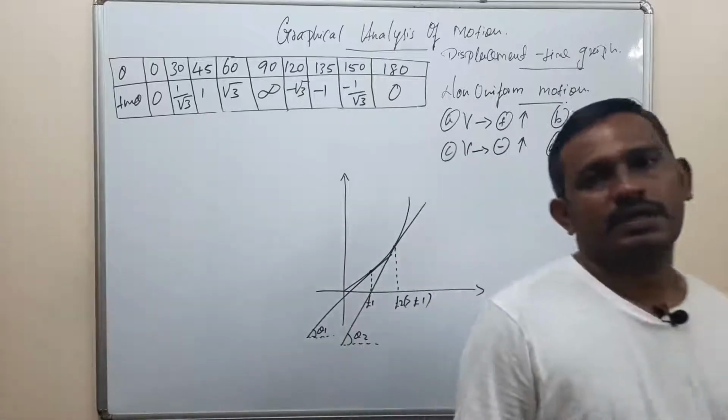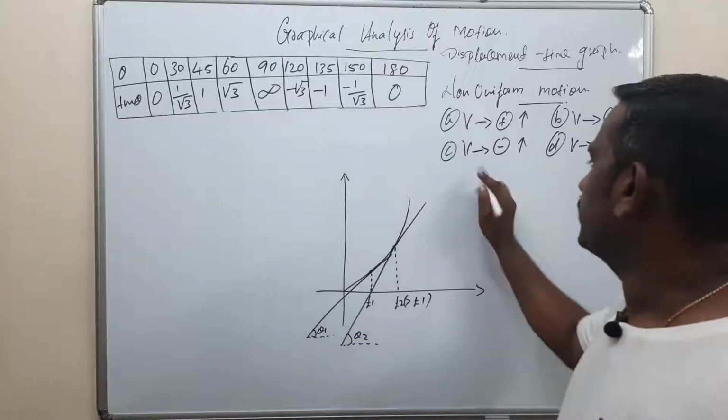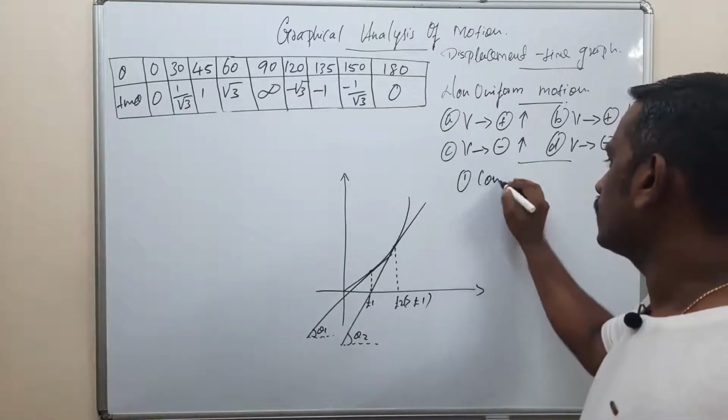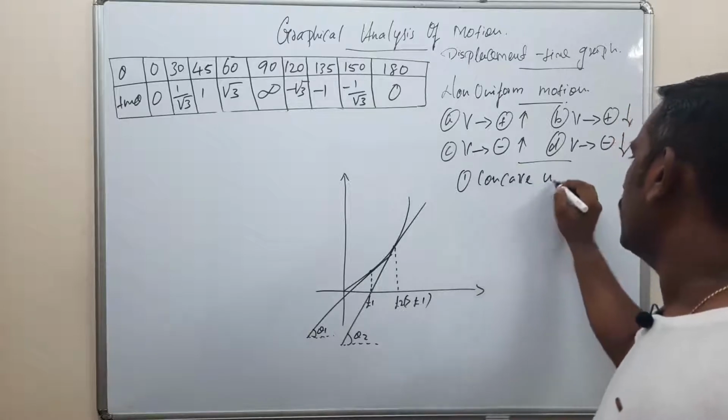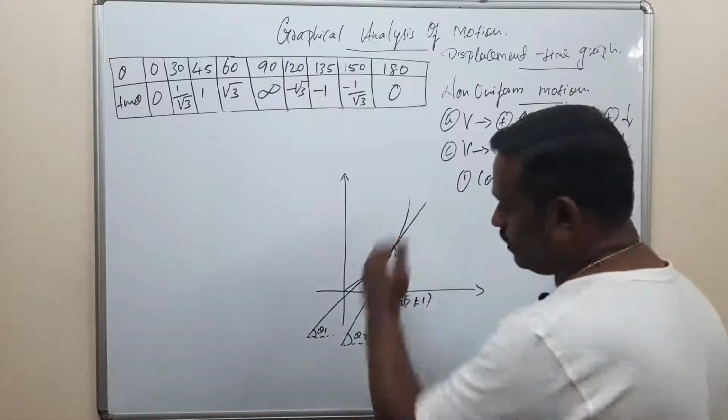So from this graph, what are the conclusions we can make? One, the graph is concave upwards.